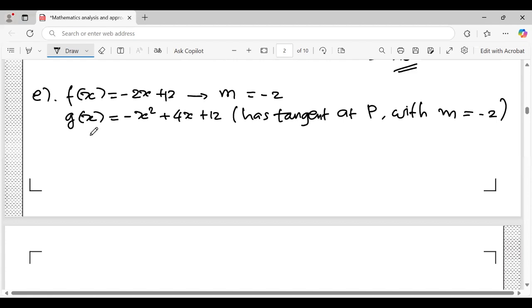Both gradients are the same. So next we are going to find the tangent, which means the derivative of g(x). We can find the tangent through the derivative: minus 2x plus 4. And according to this information, it is minus 2.